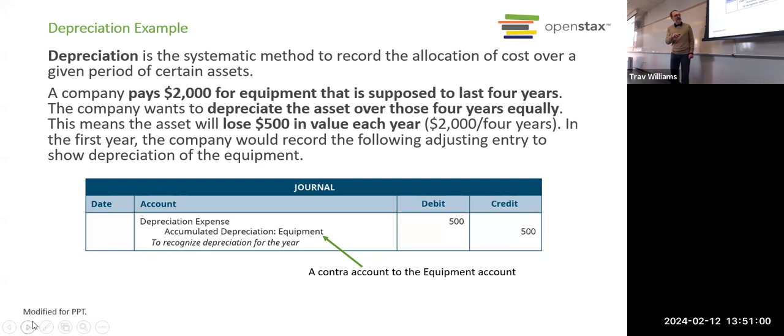So why is this account where our accumulated depreciation is increasing, why are we recording it on the credit side? Because it's what's called a contra asset account. It's an asset type of account that reduces the value of our asset. Just like expenses are equity accounts that reduce equity, and dividends are equity accounts that reduce equity, this is an asset account that reduces the value of the asset.